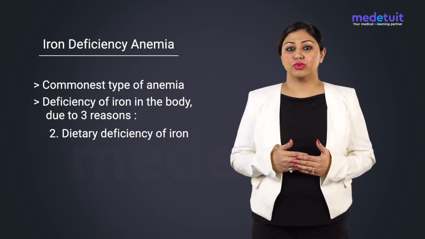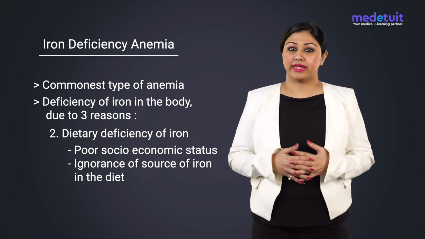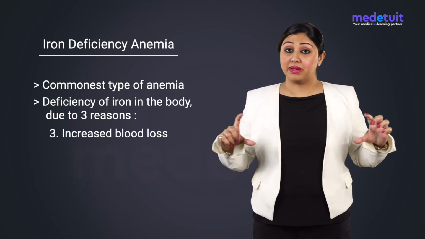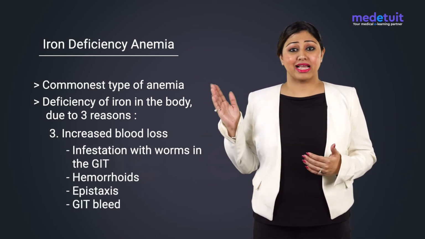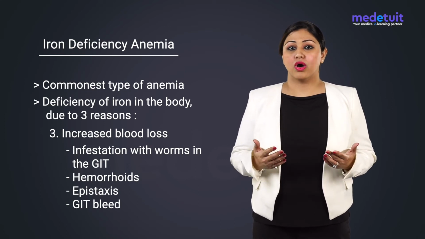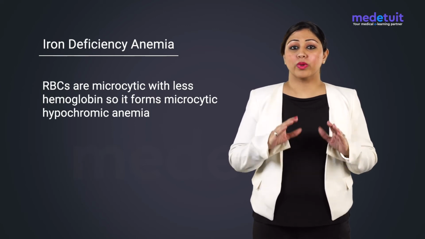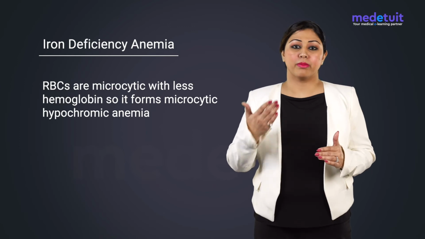So that is due to the poor socio-economic status or ignorance of the source of iron in the diet. And the third reason is the increased blood loss. That is due to infestation with worms in the gastrointestinal tract. It could be hemorrhoids, epistaxis or GIT bleed. So RBCs here are microcytic with less hemoglobin. So it forms microcytic hypochromic anemia.